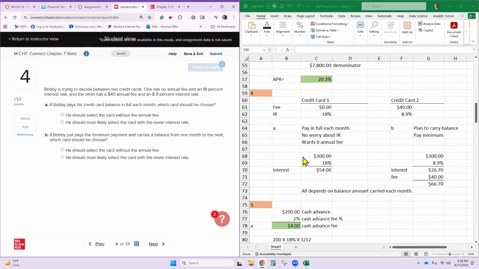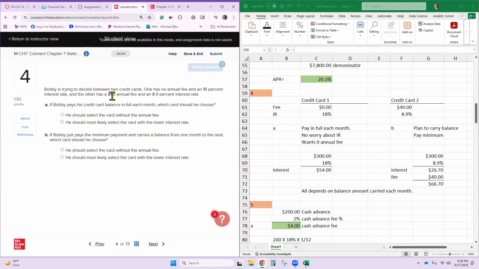We have 2 credit cards to look at. And when you're trying to choose between credit cards, you basically need to ask yourself what you plan to do with it. So one card has no annual fee. Some cards have an annual fee. I think they're starting to get away from that now, though, but I don't know for sure. The one that has no annual fee has an 18% interest rate.